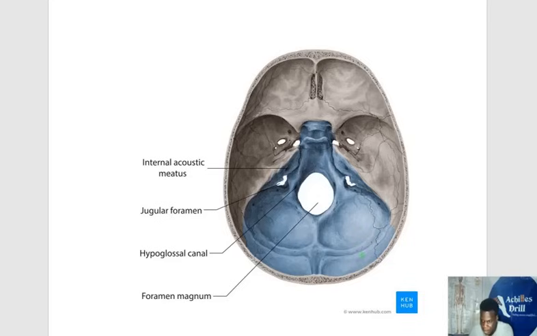We've established this is the internal occipital protuberance, right? Moving laterally away from it is a groove, the groove for the transverse sinus. Farther away from this groove, there is another groove called the groove for the sigmoid sinus. From confluence of sinuses to transverse sinus, and then the sigmoid sinus.